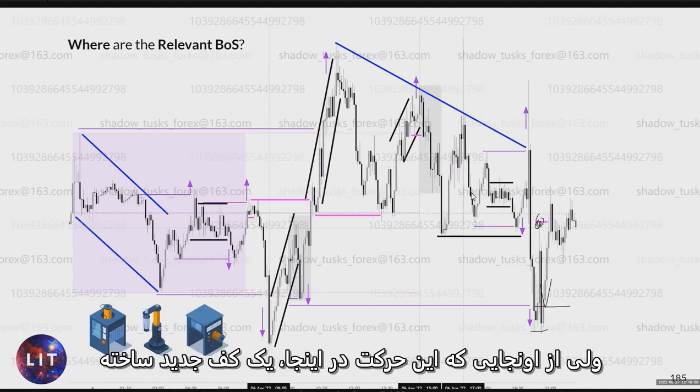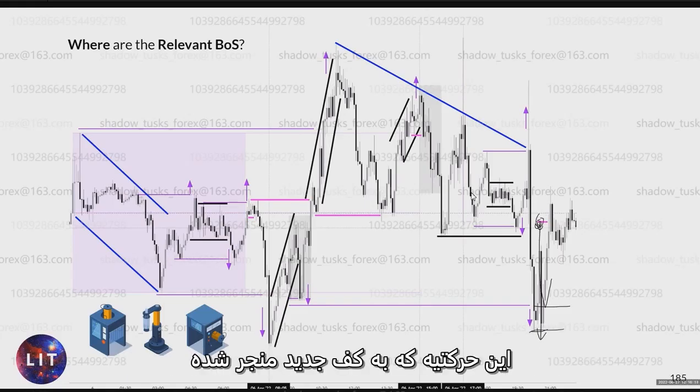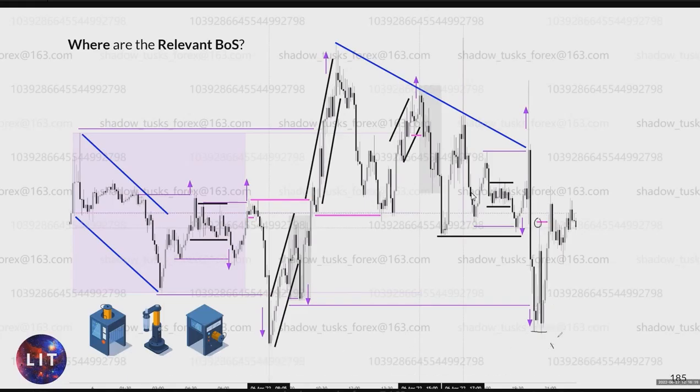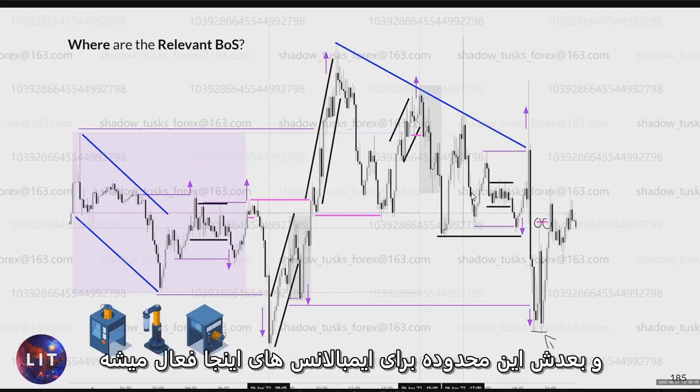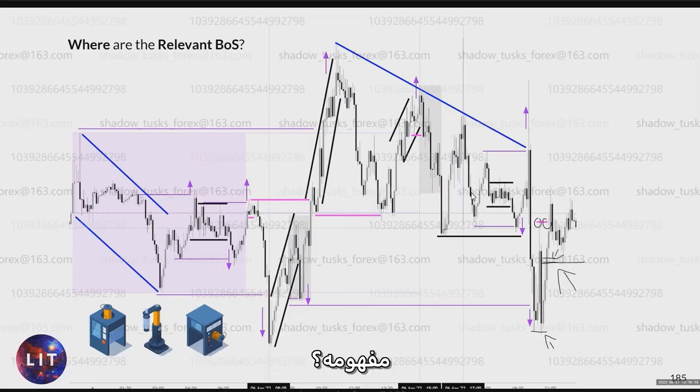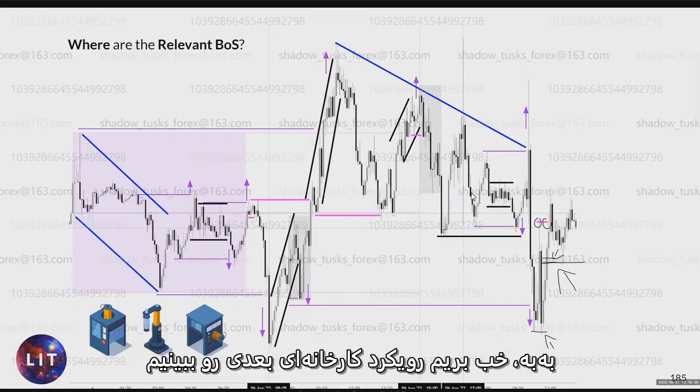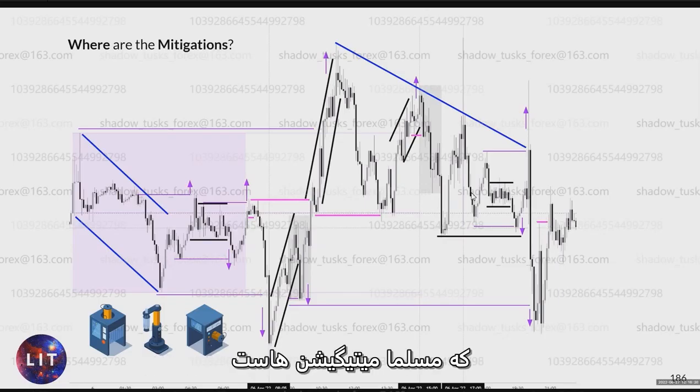But as this push in here made a new low, that is the push that led to the new low. So this is the break of structure point, and then this zone gets activated for imbalances right here. Okay, makes sense? Lovely.